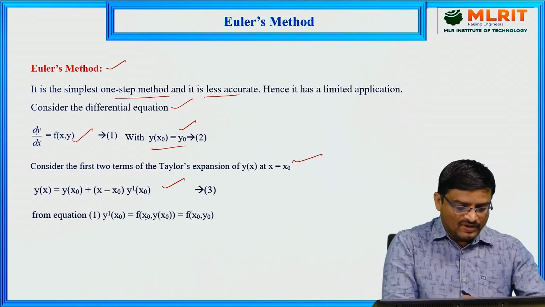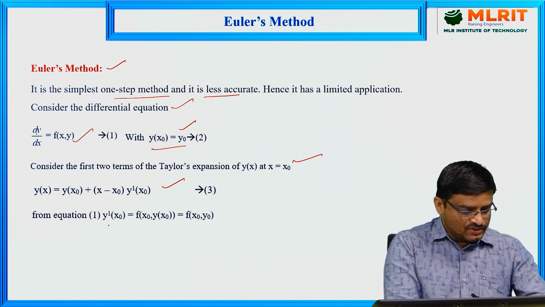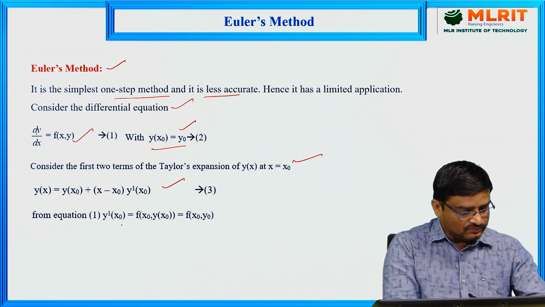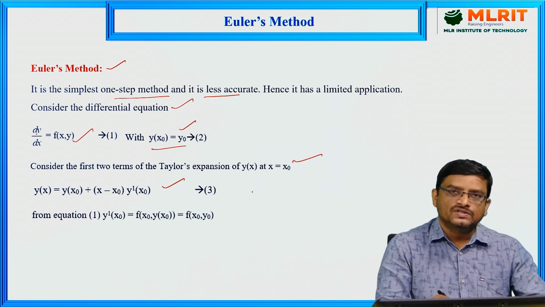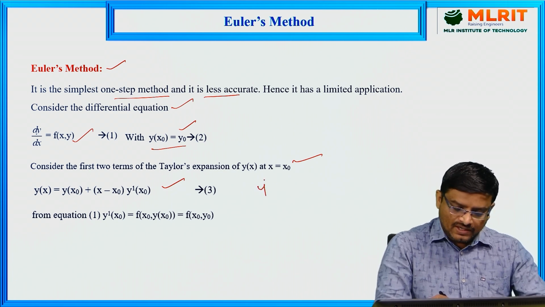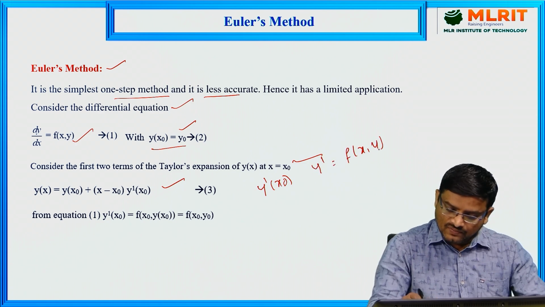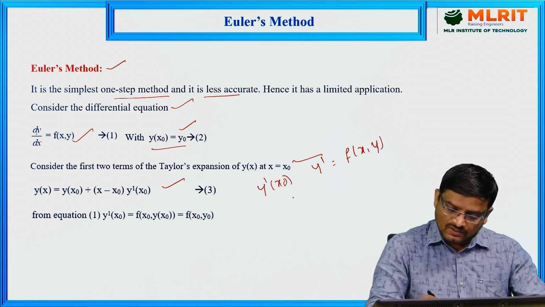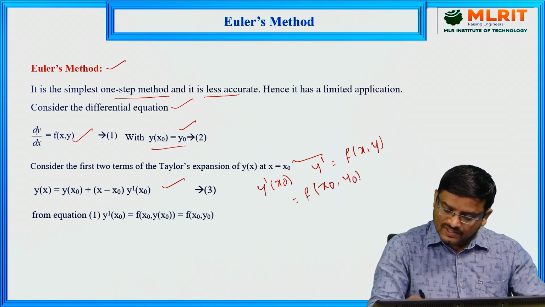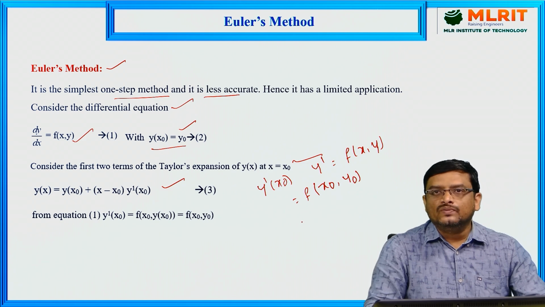Now from equation 1, I want to get the y dash of x naught value. Already in the previous video we have seen that y dash is equal to f of x comma y. From this I want y dash of x naught, so just replace x with x naught in the function, and replace y with y naught.